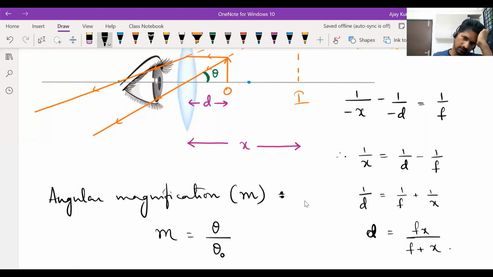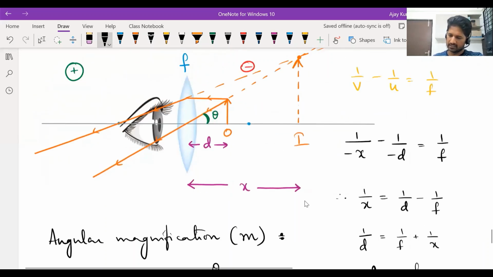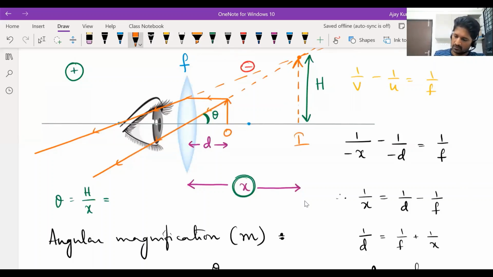And what we ultimately want is angular magnification, final angle subtended on the eye divided by initial angle. Now you look at this diagram, the final angle subtended on the eye, theta, is nothing but this height of the image divided by the distance x. You can write theta as capital H divided by x, but it's also equal to this height, small h, height of the object divided by d, small d, the object distance.